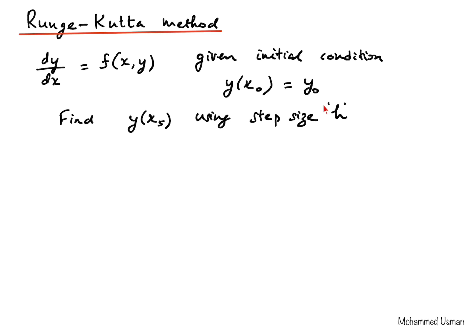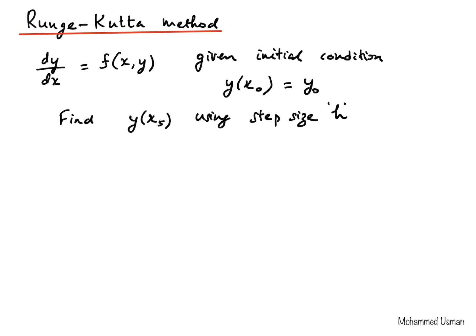But if we reduce the step size from 0.1 to say 0.05, then it's going to take us 10 iterations, because the first step will take us to 0.05, then 0.1, then 0.15, then 0.2, and so on. So that would take us 10 iterations to get to 0.5, right? So the smaller the step size, the more iterations it takes to get to the solution, but at the same time, the more accurate our solution is going to be.